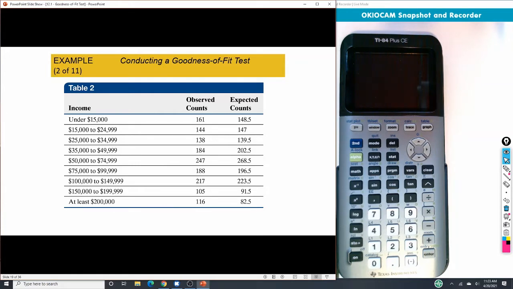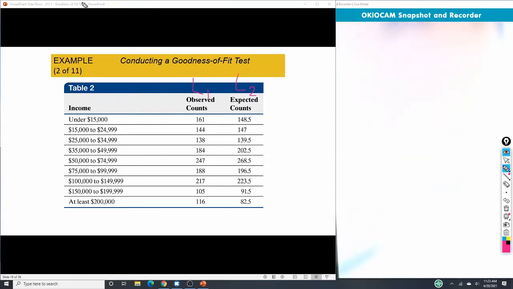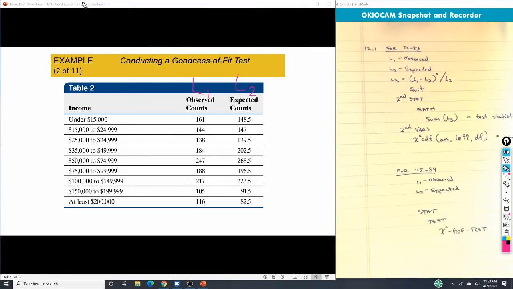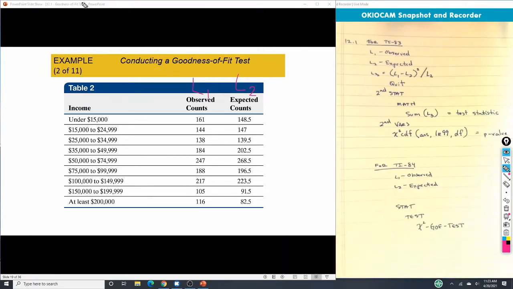Observed counts will always go into L1, and expected will always go into L2. Based on the calculator you have, it will determine how much more work we need from here.